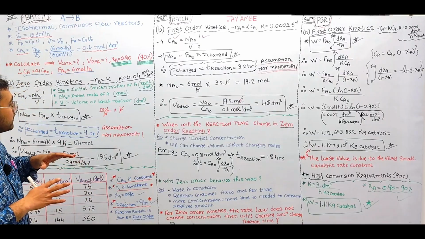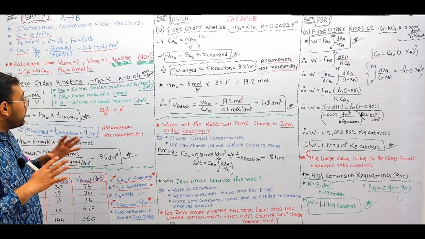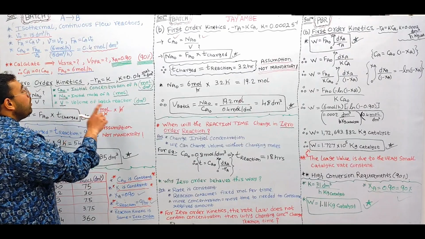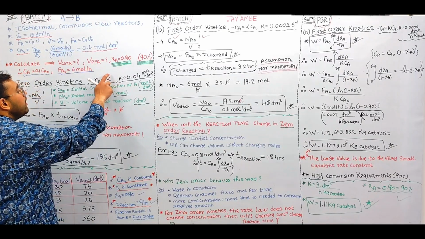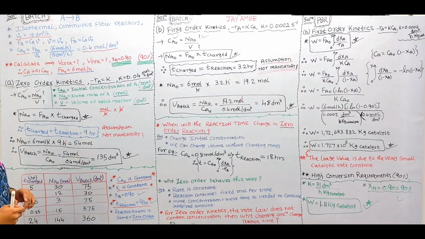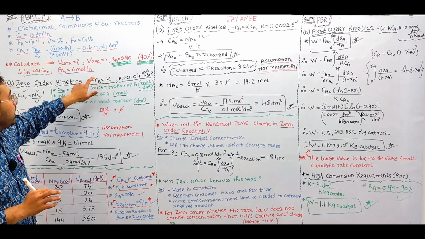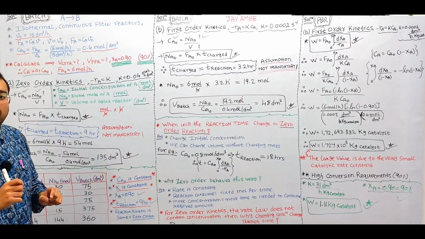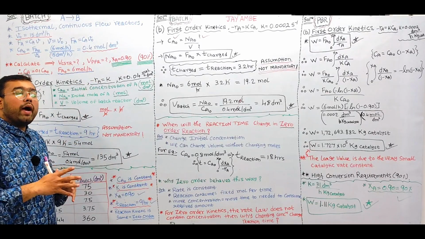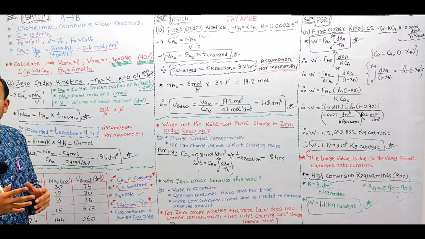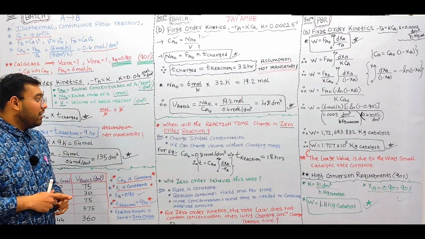For the same zeroth order reaction, we don't have the concentration value in the reaction rate, right? We don't have the presence of a concentration term in the rate law for zeroth order reaction kinetics. Then how, by doubling the concentration, does the reaction time change? We need to understand that.